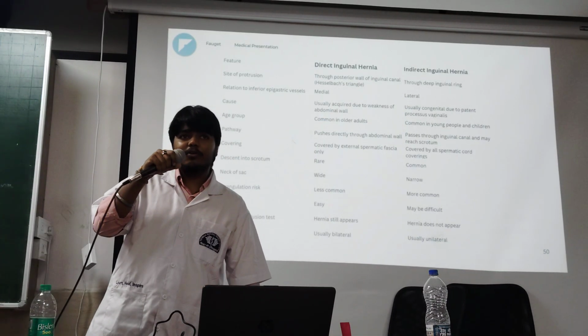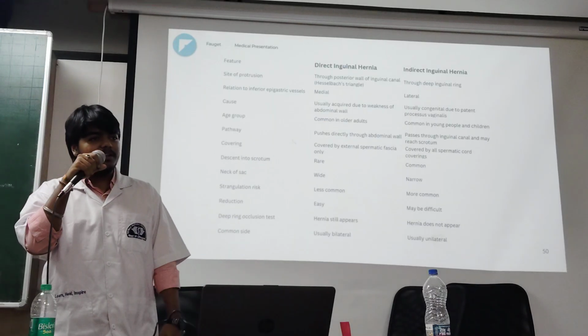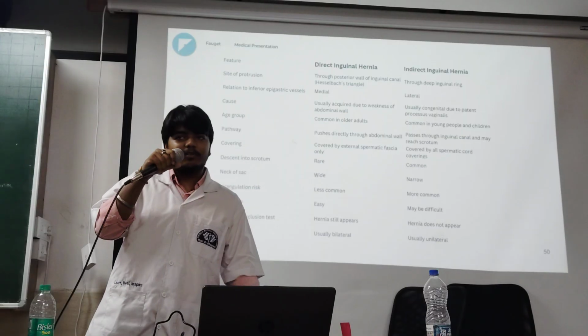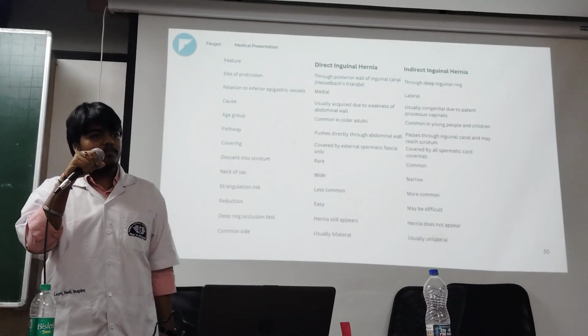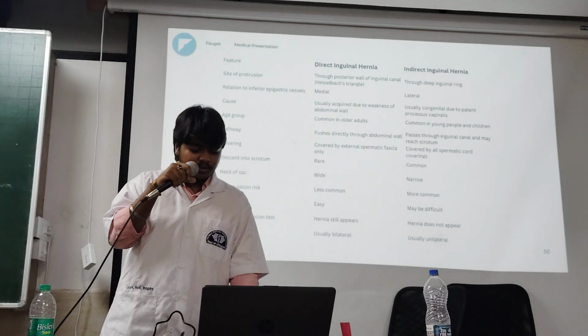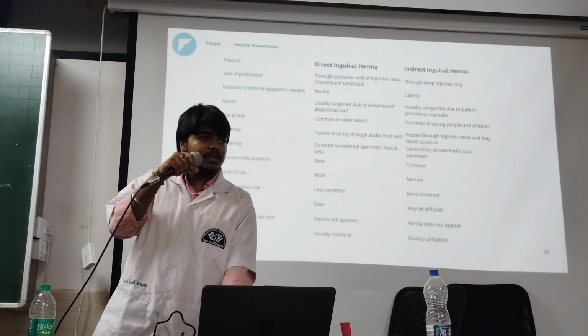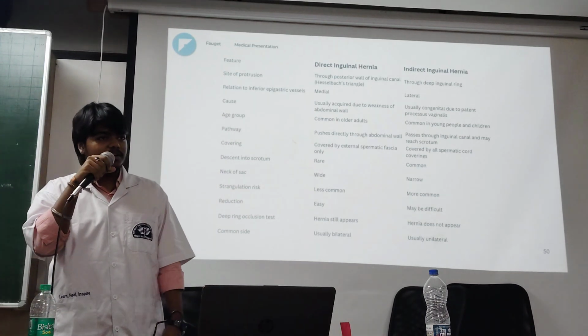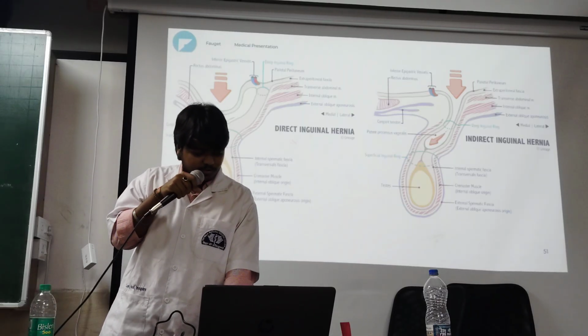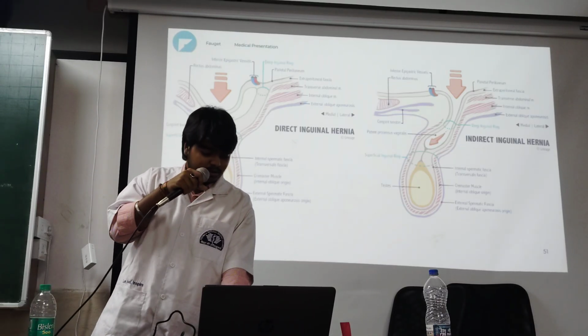Indirect inguinal hernia follows the path of the inguinal canal. It protrudes through the deep inguinal ring, travels to the superficial inguinal ring, and commonly enters the scrotum. It is usually congenital, hence it is more common in young adults. So these are the diagrams.